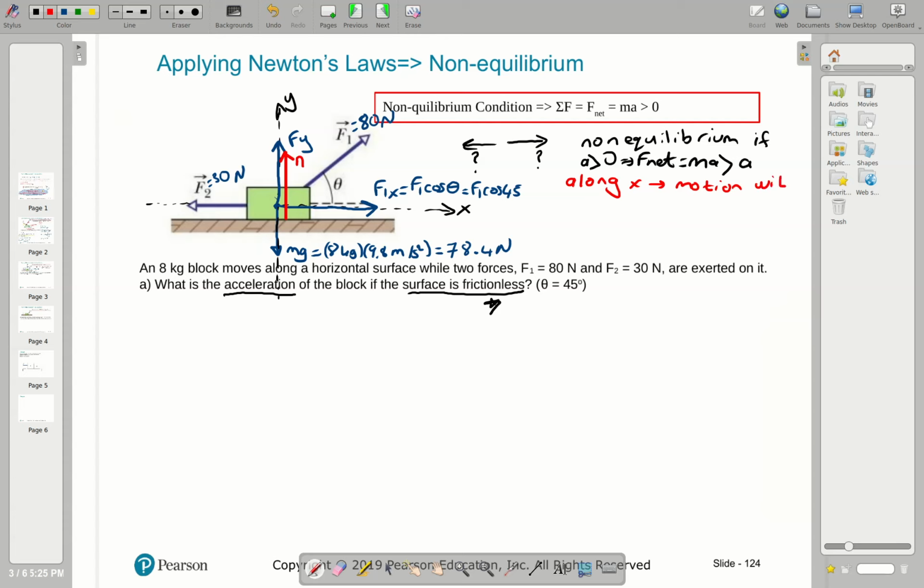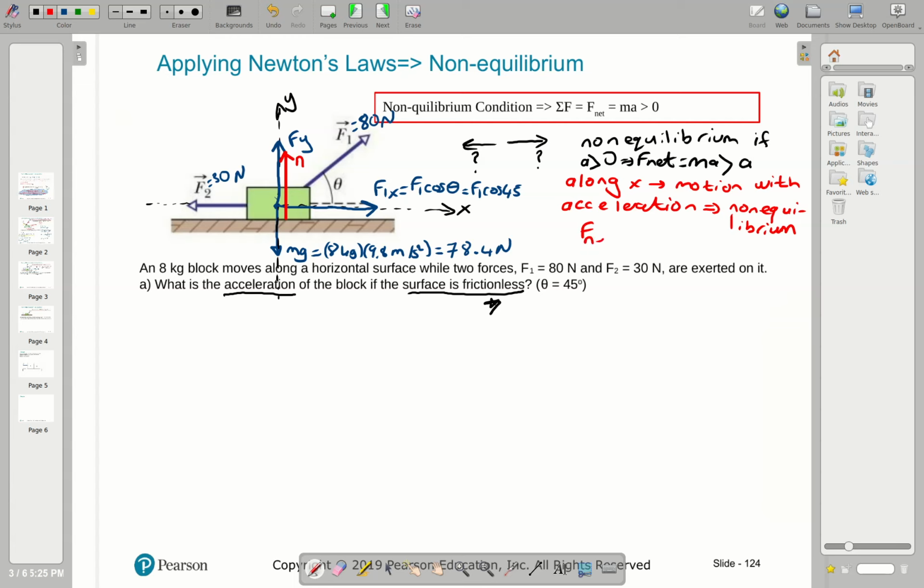If it was a motion with constant velocity, no acceleration, it would be equilibrium. Remember that. Motion with acceleration. What do we have? Non-equilibrium.